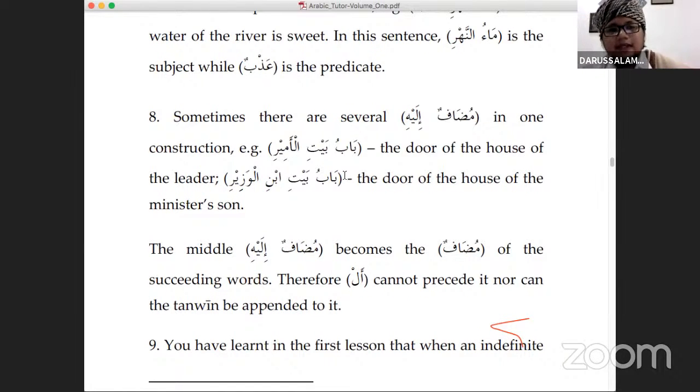Babu baiti ibni al-waziri, the door of the house of the son of the minister. Or you can put it in another way. You can say the door of the house of the minister's son. That's not a problem.